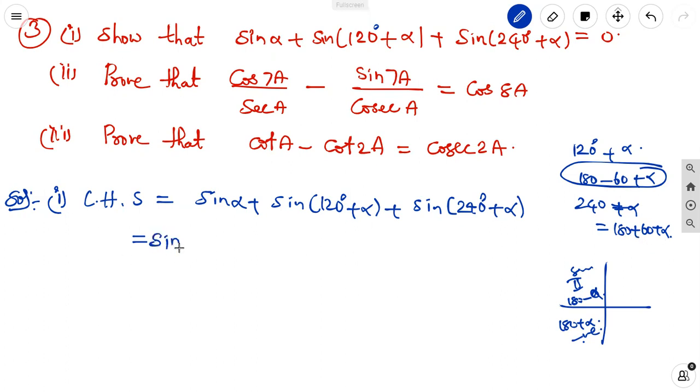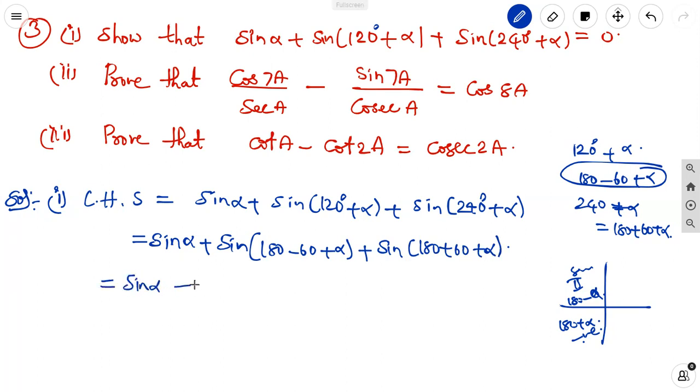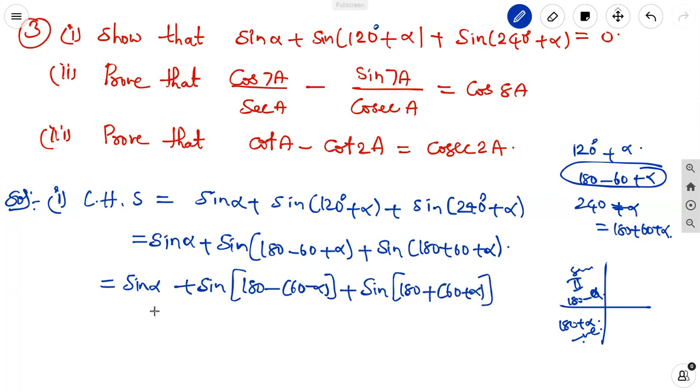The first one is as it is, that is sin alpha plus sin of 180 minus 60 plus alpha plus sin of 180 plus 60 plus alpha. It is equal to sin alpha plus sin of 180 minus, taking minus common, 60 minus alpha, plus sin of 180 plus 60 plus alpha.